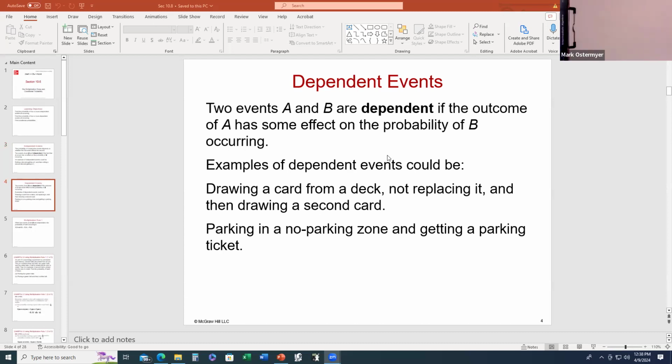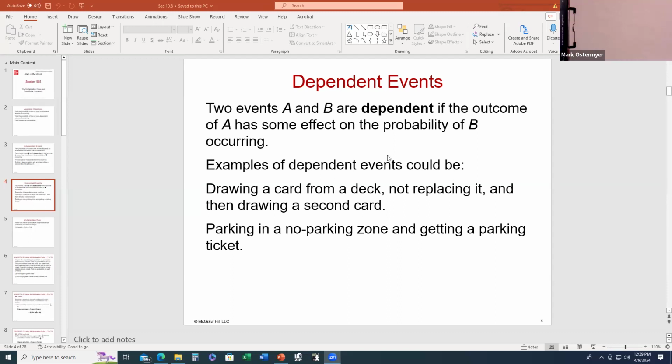Now, if events are not independent, then they are dependent. Examples of dependent events would be: if I draw 2 cards from a deck, and the first card I draw, I leave out of the deck, that is an experiment without replacement, that will affect the probability of what occurs on the second draw.